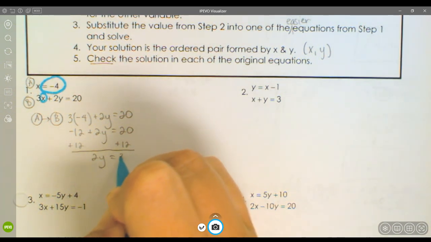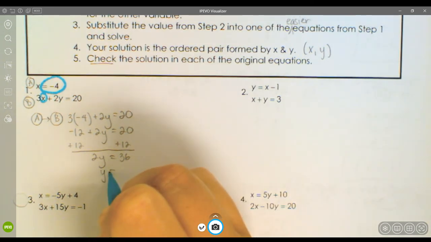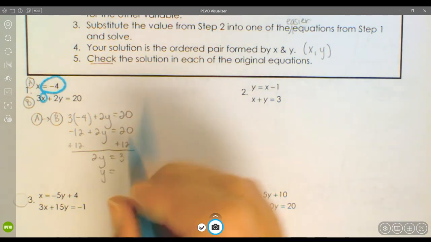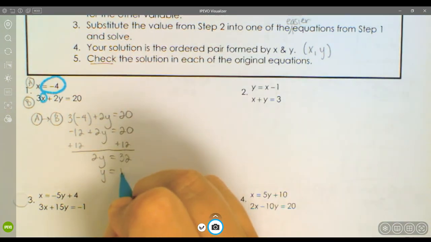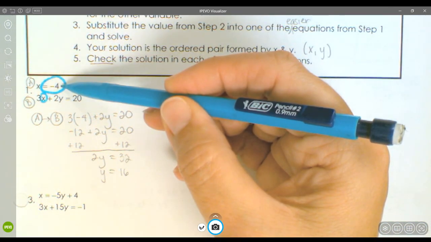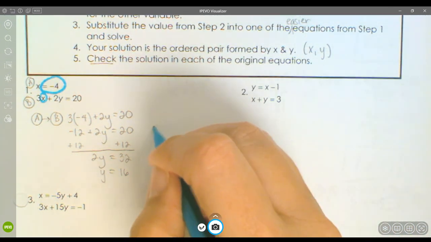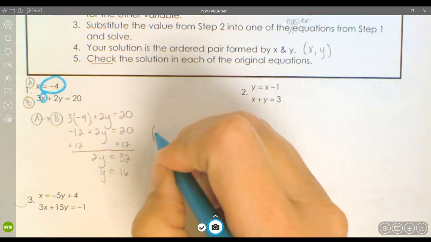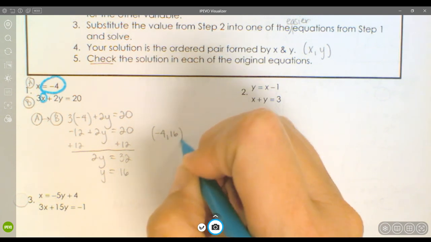If 2y equals 32, then y equals, just kidding, that's a 32, my bad. We find that y equals 16. So I know what x is. I know what y is. So x is -4, y is 16.